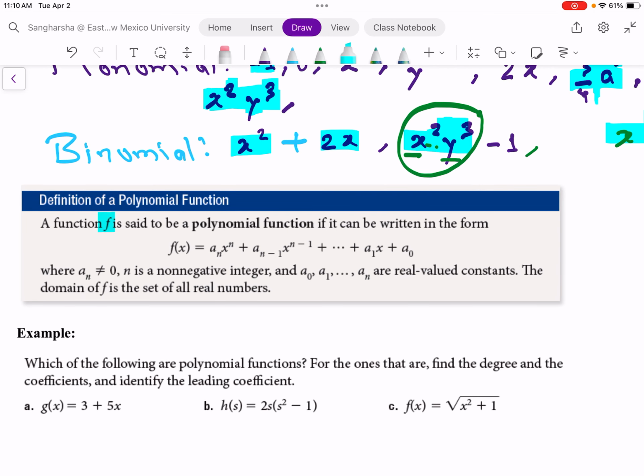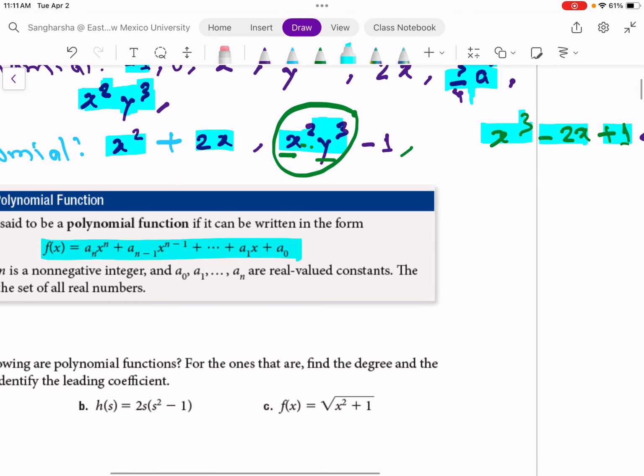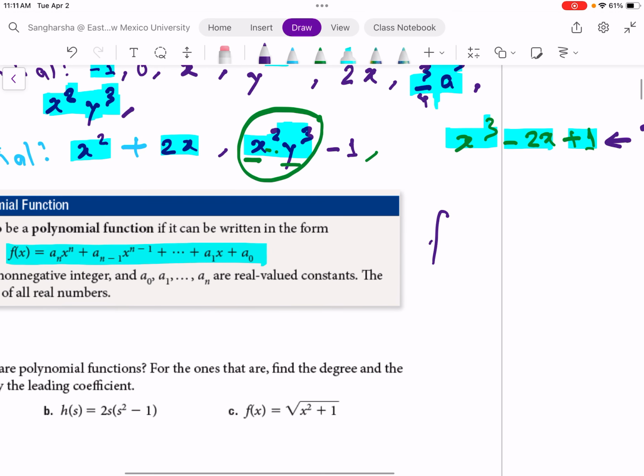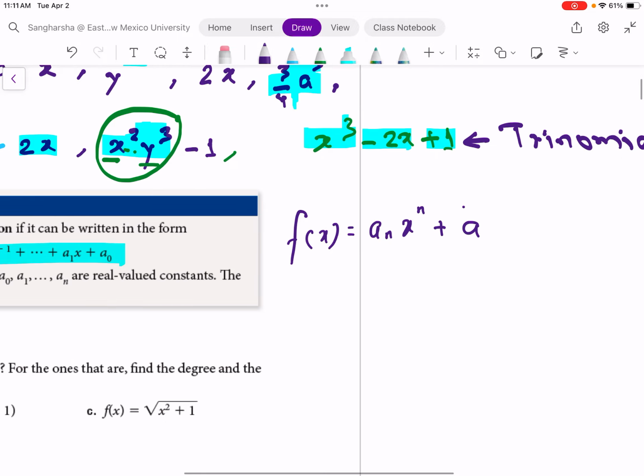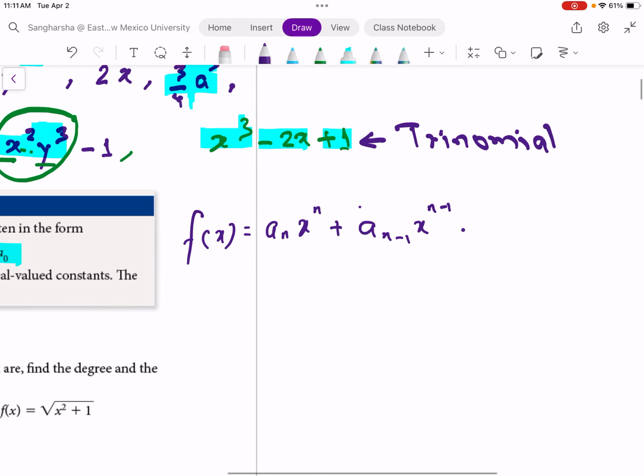If we have a function f of x, and we can write the given function in this form, let me rewrite this expression: f of x equals a_n x to the power n plus a_(n-1) x to the power n minus 1, plus or minus a_(n-2) x to the power n minus 2, and so on.